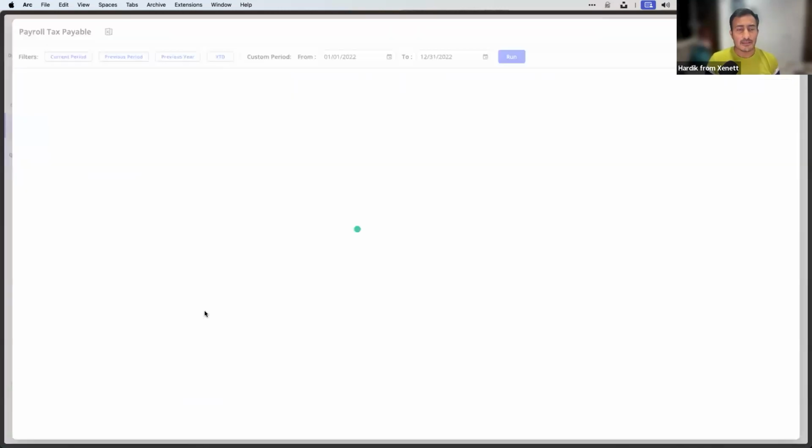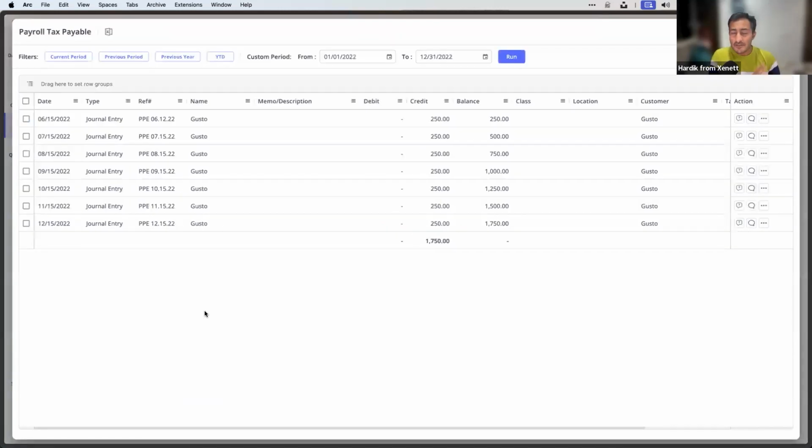So whenever we look at the payroll tax payable account, we should again see the same trend. There should be the credit entry, and when the payment is made, there should be the debit entries, correct? So ideally, the ending balance in this account should be represented by the last payroll, which is supposed to be paid in the next pay period, correct?